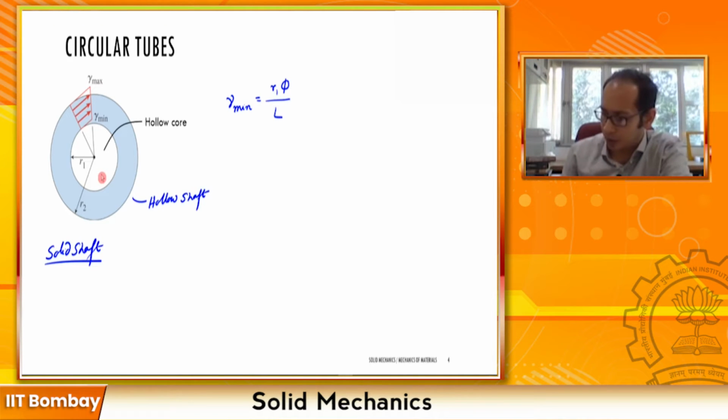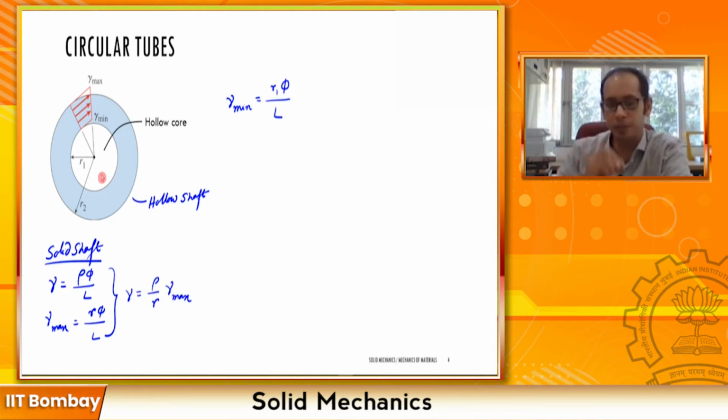So for the solid shaft, the expression was gamma equals rho times phi by L. We had the gamma max happening at R, R phi by L, right? And using this, we derived the relationship that gamma equals rho times gamma max by R. This is what we wrote a page before, right?